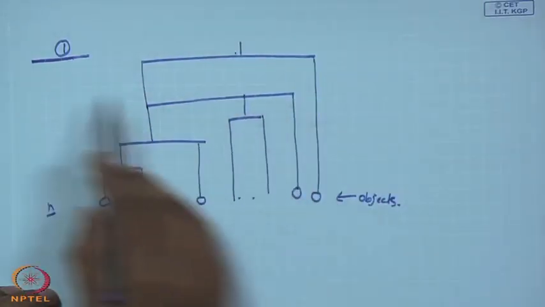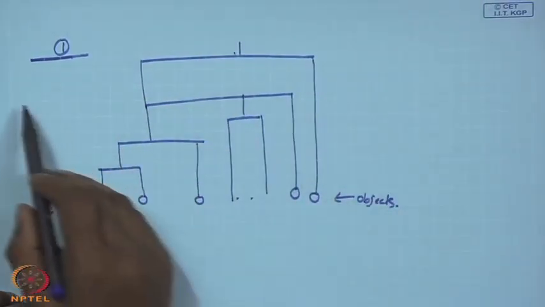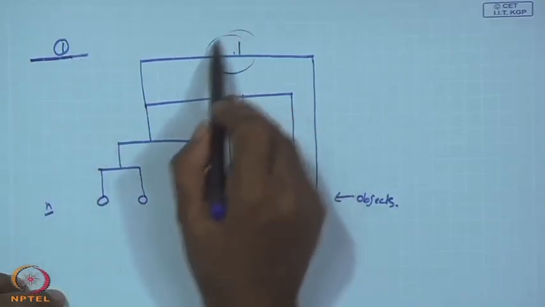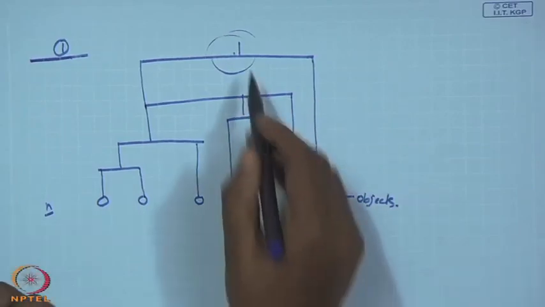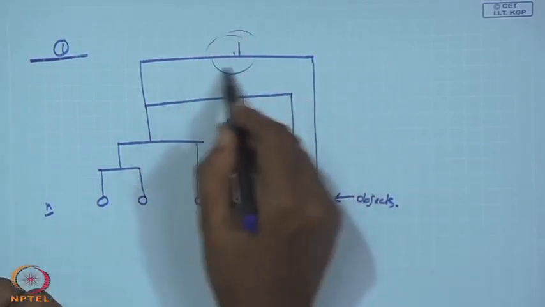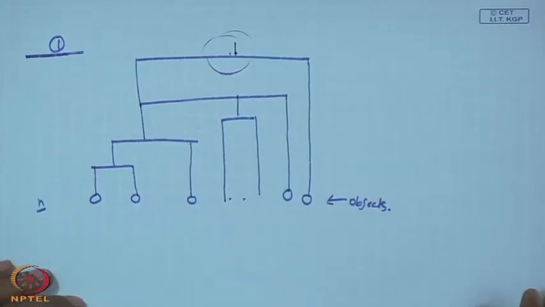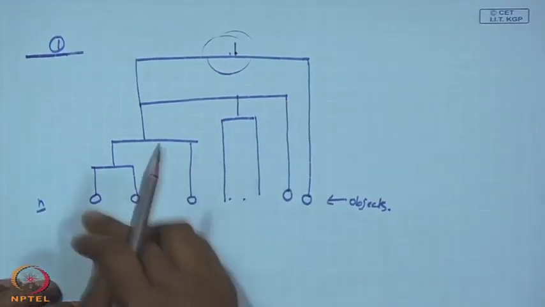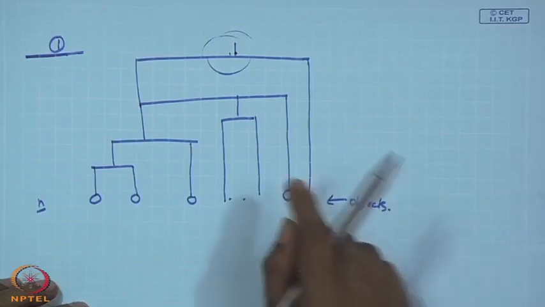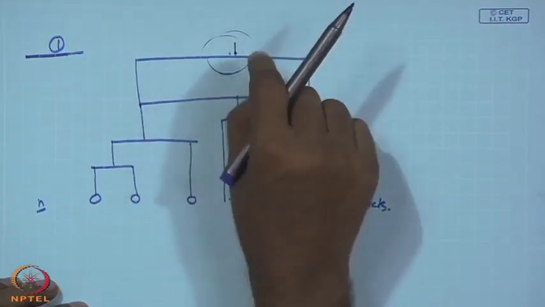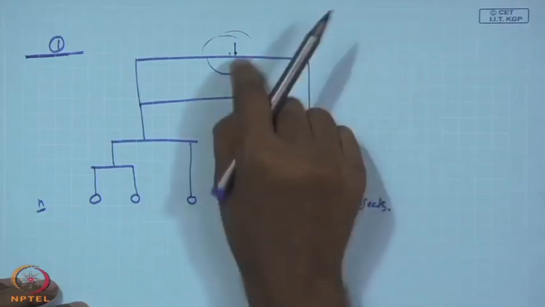Now, where you will stop all depends on the distance between the objects in a group, the maximum distance between the objects in a group. Single linkage will come between groups, but for the distance within the same group, the maximum distance is what you say you are accepting or not.